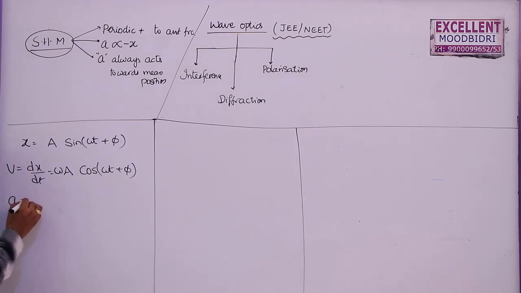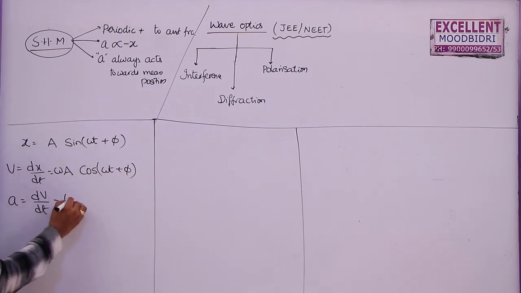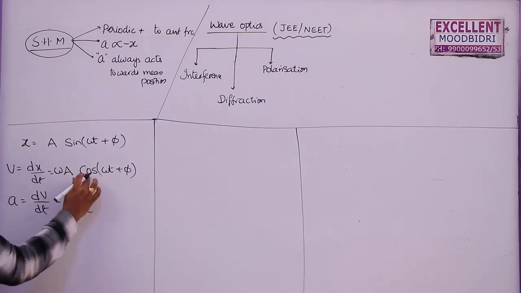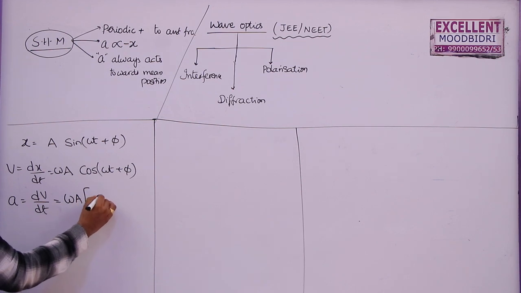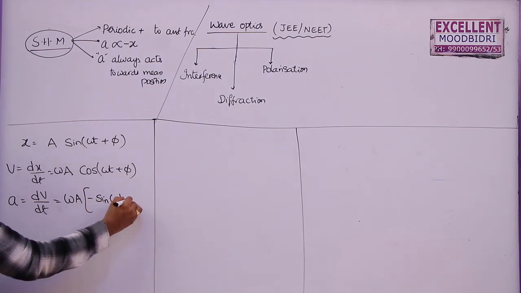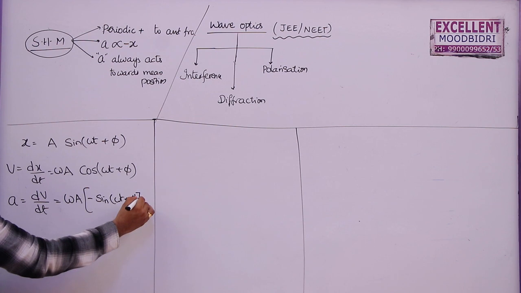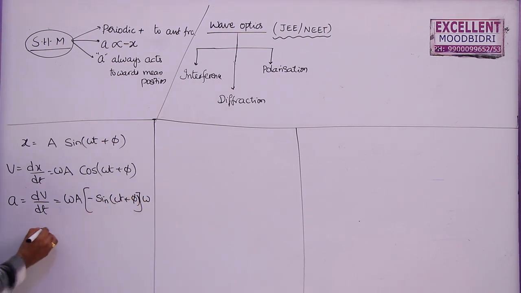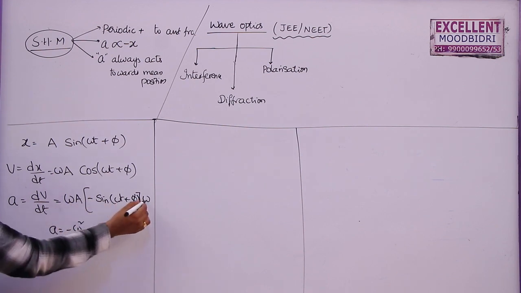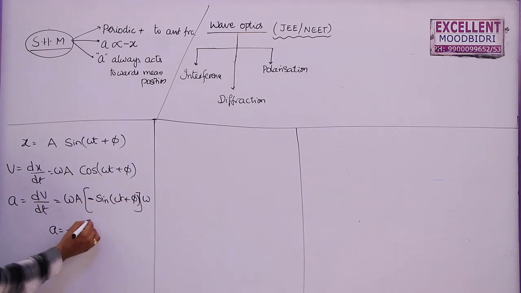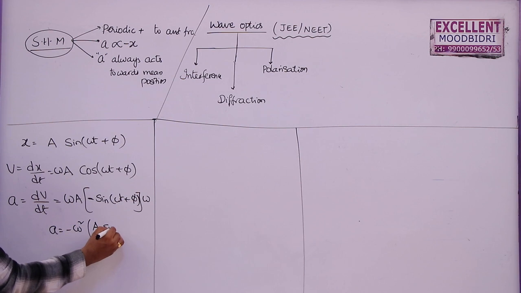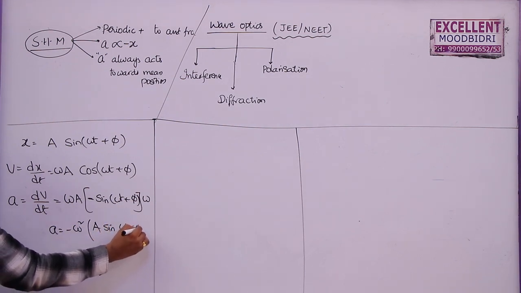Similarly, acceleration is given by the derivative of velocity with respect to time. So omega a cos(omega t plus phi) will become sin(omega t plus phi) into omega. So acceleration is given by minus omega square a sin(omega t plus phi), because omega into omega is omega square.